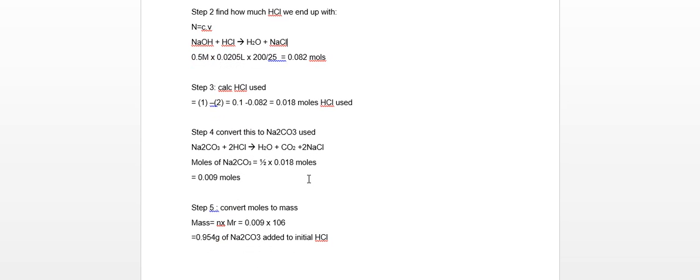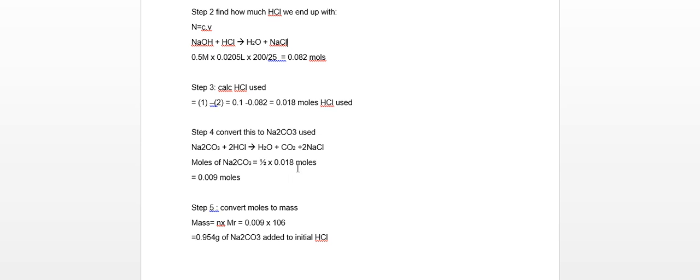Now, we need to look at our equation to figure out how much sodium carbonate this corresponds to. So, sodium carbonate reacts with 2 moles of HCl to make water and carbon dioxide. So therefore from that we can figure the moles of sodium carbonate equals 1, its coefficient in the equation, divided by 2, the coefficient of the thing we're comparing it against, times 0.018 moles of HCl.